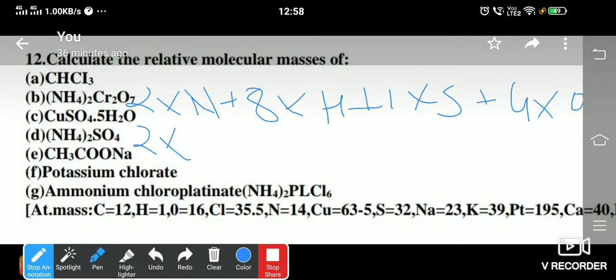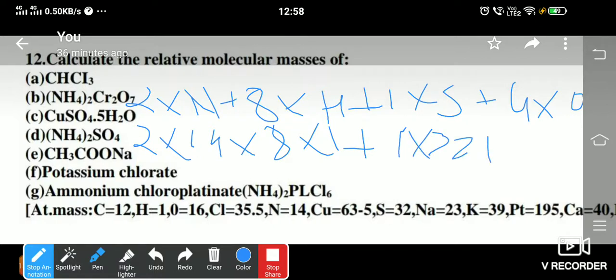So 2 into 14 plus 8 into 1 plus 1 into 32 plus 4 into 16. So 2 into 14 is 28. 8 into 1 is 8. 1 into 32 is 32.